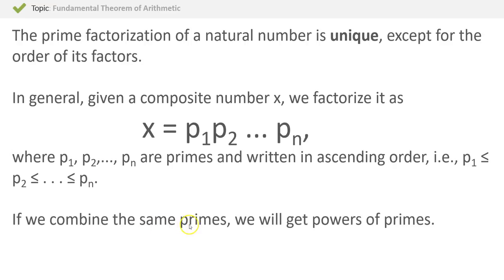If we combine the same primes, we get powers of primes, and that's why any number can be represented as a product of primes raised to some powers.